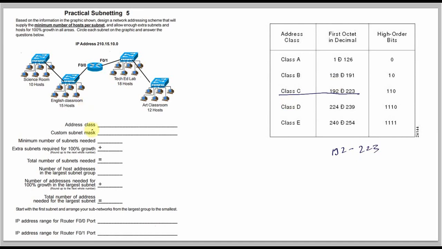So we know it's a class C, and we know that the default subnet mask of a class C IP address would be 255.255.255.0.